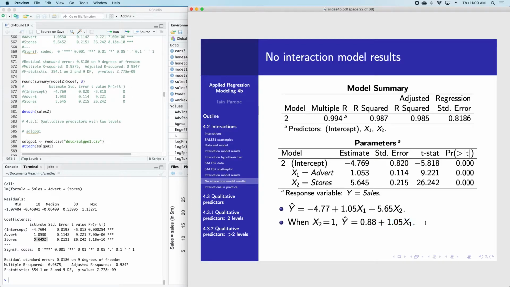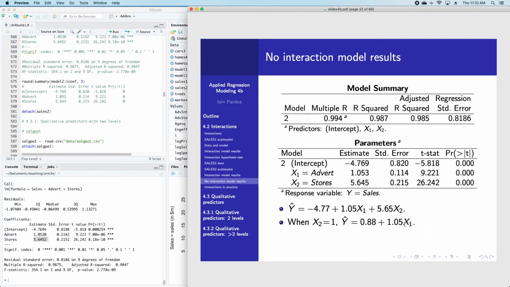So this is the equation of the regression line for when x2 equals 1. It gives me a way to predict sales for a particular value of x1, given that x2 is equal to 1. I could do a similar thing for x2 equals 2, and x2 equals 3, and x2 equals 4.